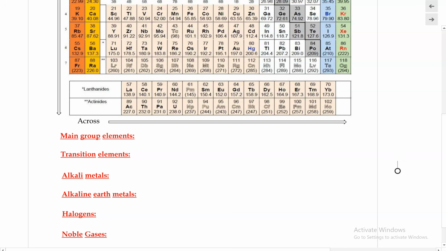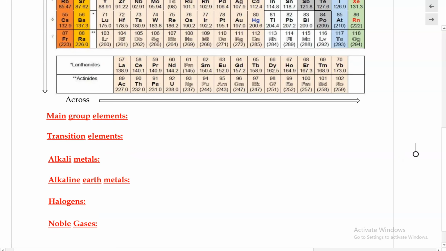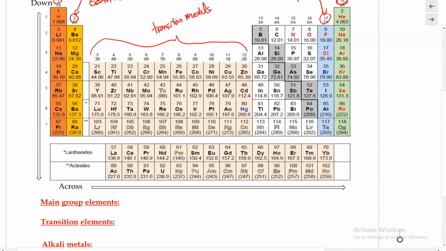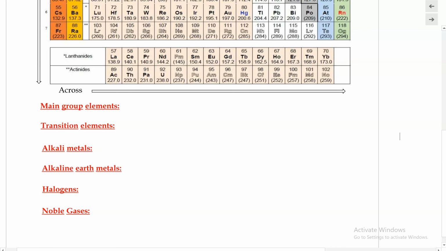And now let's discuss that in fuller detail. So first, main group elements. Main group elements basically refer to all elements except for the transition metals. So other than elements in group 3 to group 12, everything else is considered to be the main group elements. So whenever we refer to main group elements, we are referring to elements in groups 1 and 2, and then group 13 to group 18.